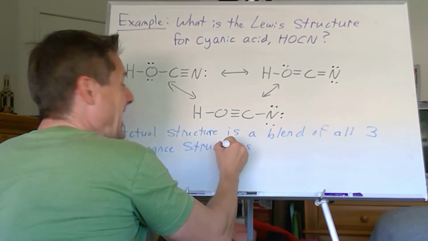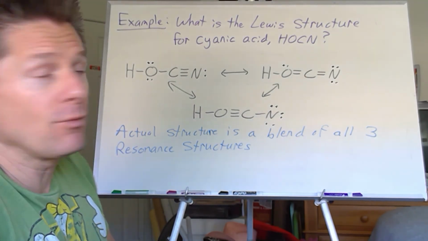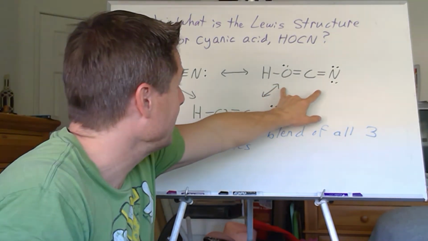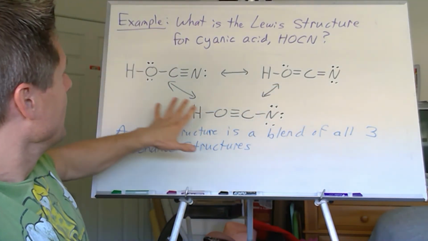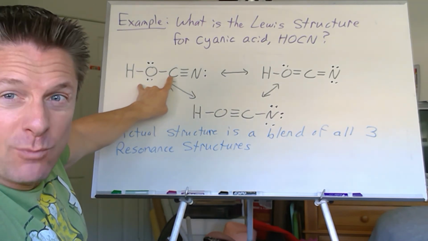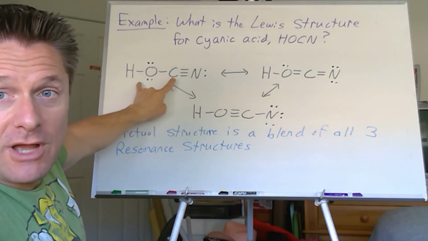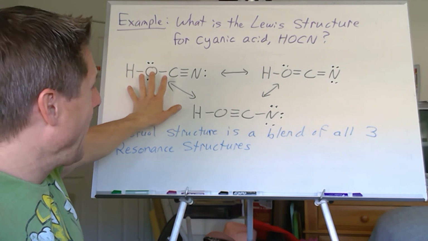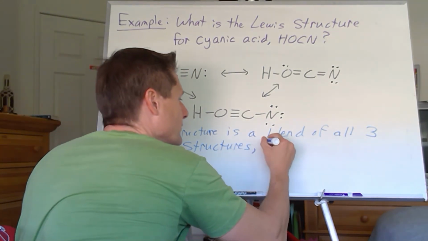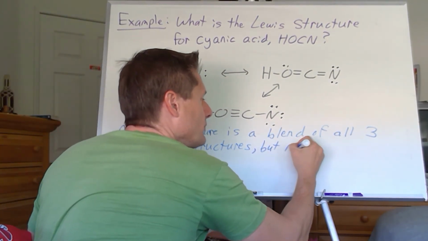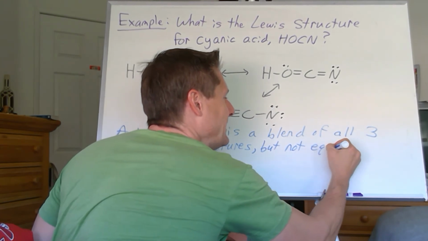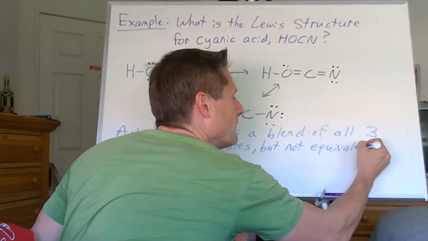But this is not like the carbonate scenario where they're all equivalent, right? These are definitely non-equivalent structures. Our guess again would be this one would have the most contribution because everything has the preferred number of bonds and it's happiest, but not equivalently.